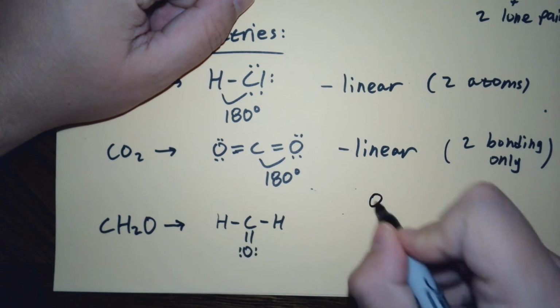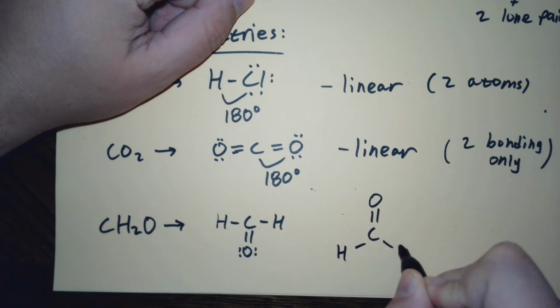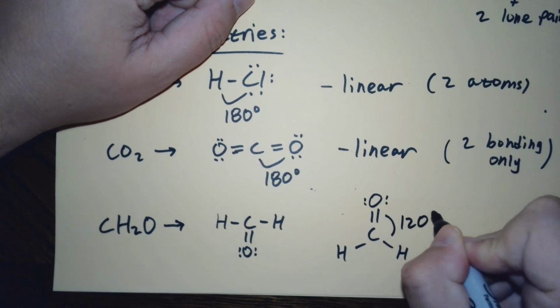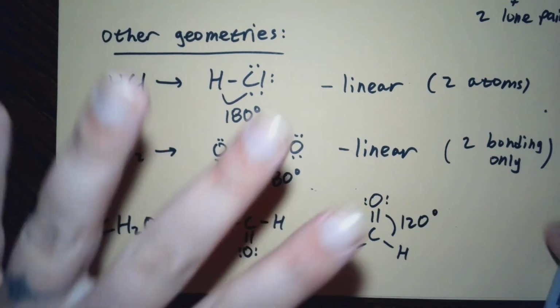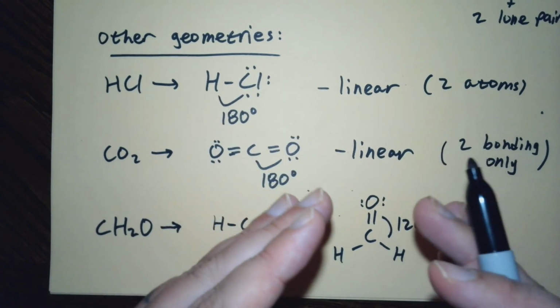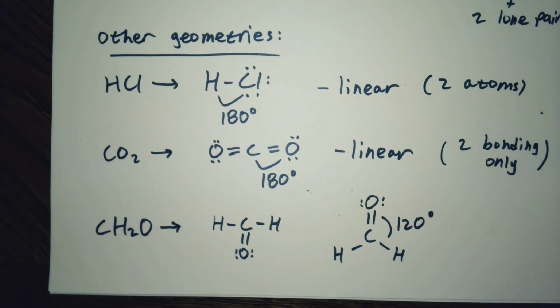And so what does this look like? In 3D space, it's going to be flat, and it's going to be spread out as much as possible. If one of them were to get out of the flat plane, it would be closer to the other ones than if it stayed flat. So it stays flat, and you get 120 degrees.